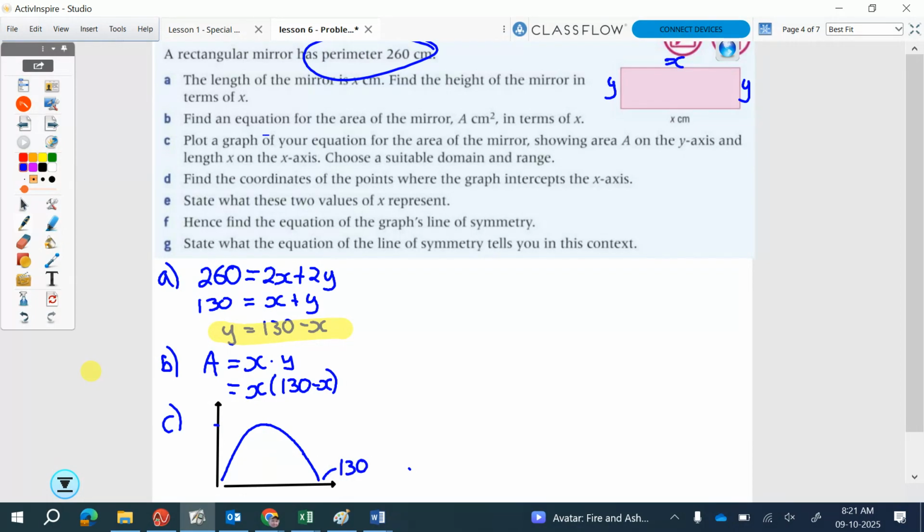We go up here to 65, 4225. When it's a square, 260 divided by 4 is 65. So when it's a square, x would be 65, y would be 65. The area would be 65 squared.